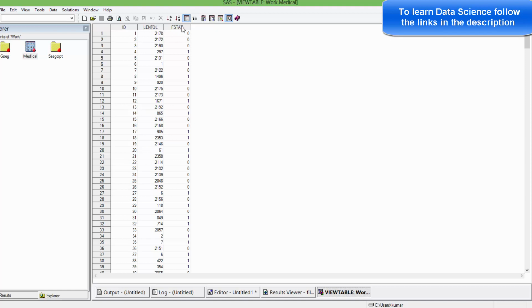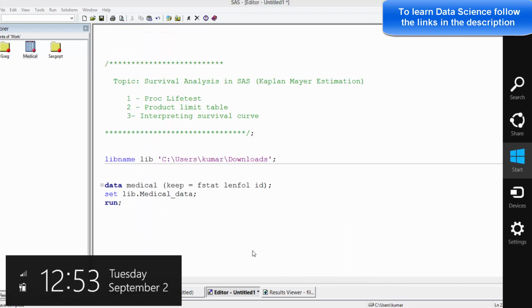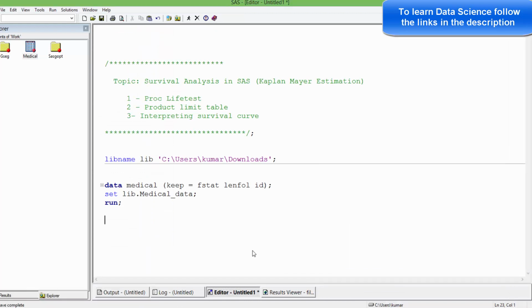So the f-stat variable indicates whether a patient is having the event, which is death, or it's not having the event, it's surviving till the end, or it's dropping out from the study, in the length of the time period that is followed.